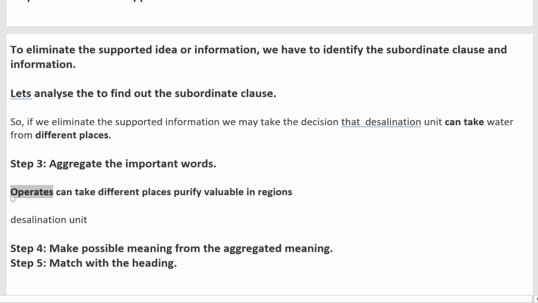If we aggregate the main words, it stands: desalination unit operates by taking water from different places to purify the water for human consumption.